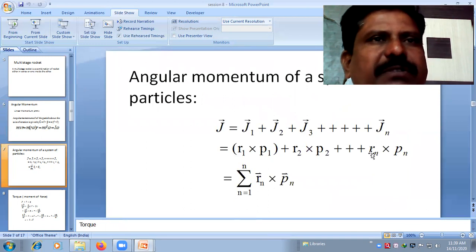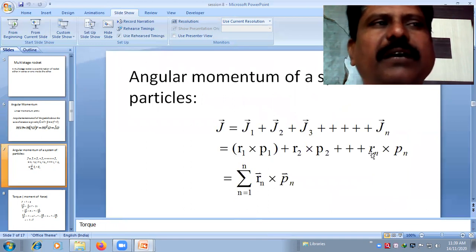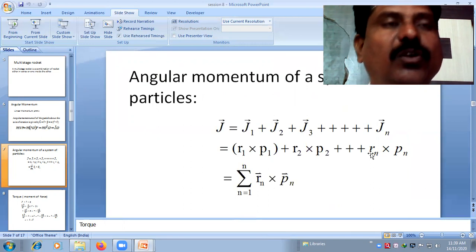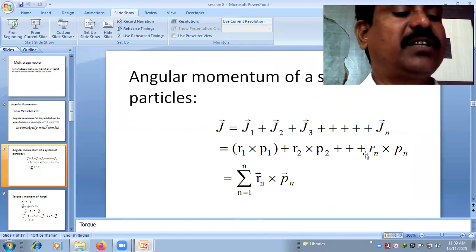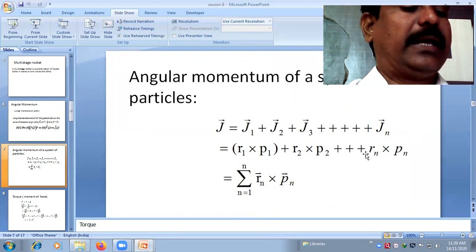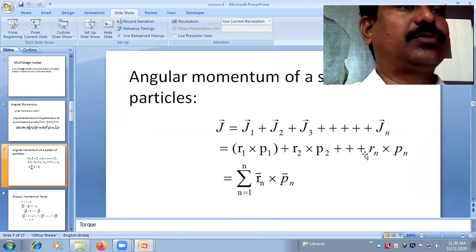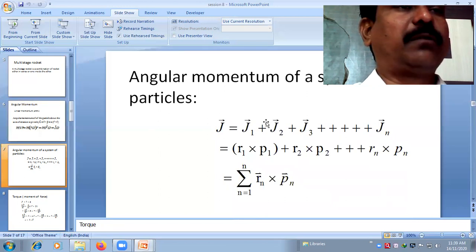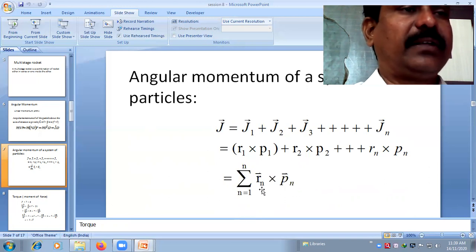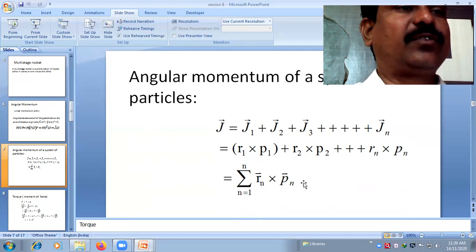Next, suppose you want to write the angular momentum of a system of particles. Let us say the system consists of n particles having angular momenta J1, J2, J3, and so on up to Jn. Then the total angular momentum of all the particles is given by the summation, where k goes from 1 to n, of r_k cross p_k.